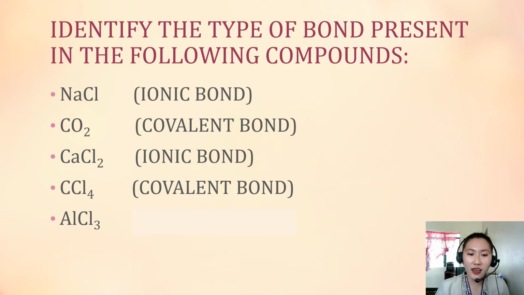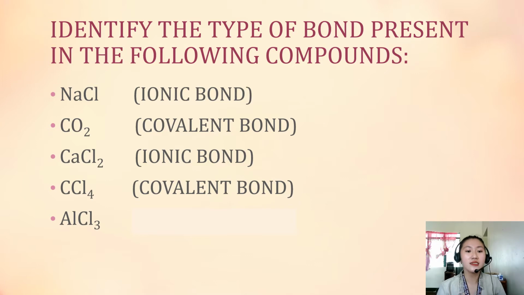Lastly, AlCl3. So, si Al ba or si aluminum ba, is it metal or non-metal? Okay, so si aluminum is a basic or poor metal. So, it means it is a metal. And si Cl, chlorine, is a halogen. So, it is non-metal.